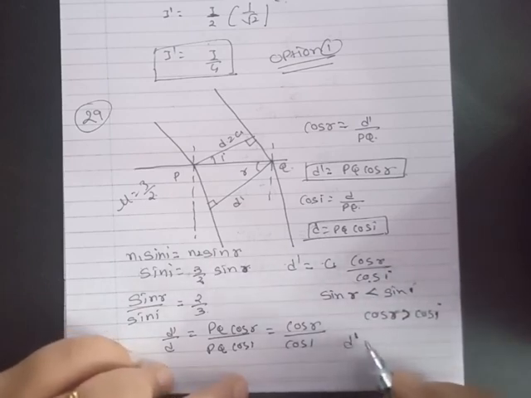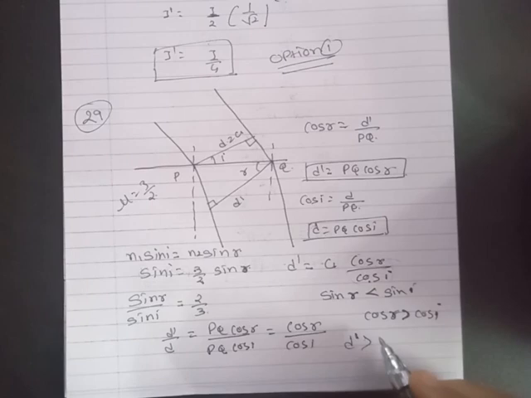So we can write D dash is greater than A.